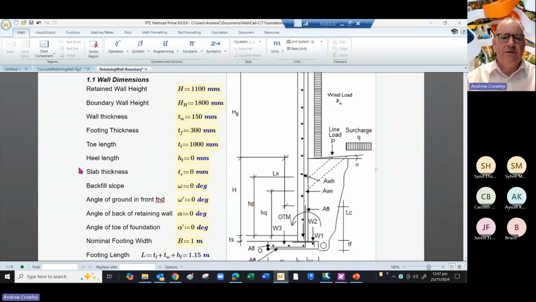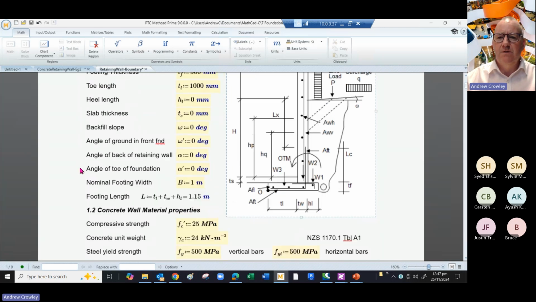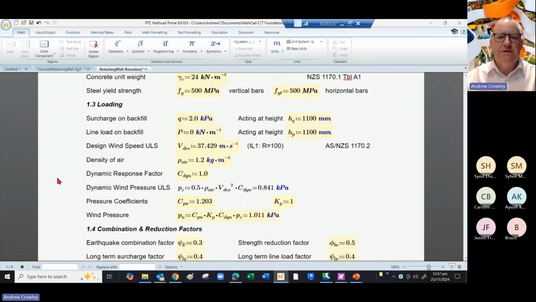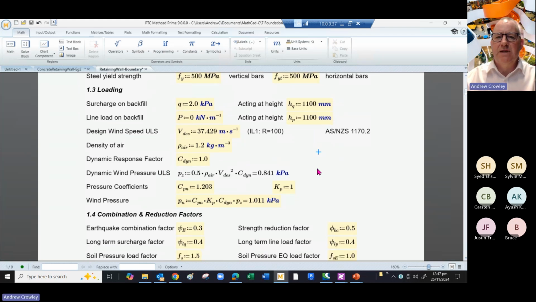So some basic parameters of the wall, some concrete wall material properties. The loading, we've assumed surcharge loading on the backfill is only 2 because there's no traffic in there, it's only people. And it obviously acts on the soil level.